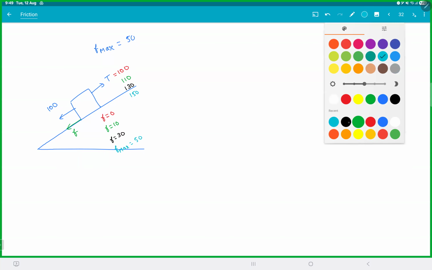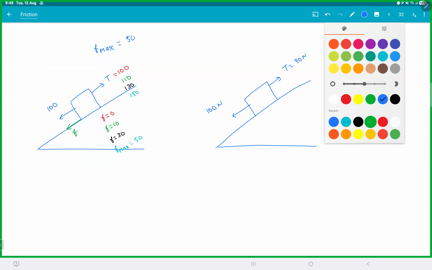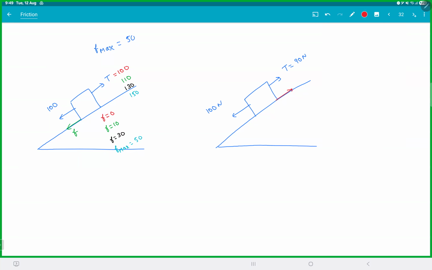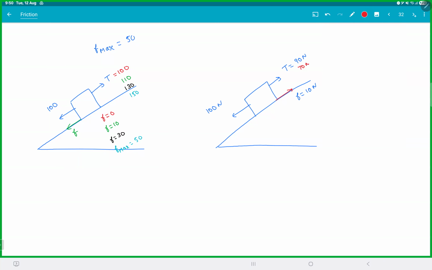Similarly, if you go the other way around, let's say your tension is 90 newtons. Now the block will try to go down because mg sin theta is dominating. Your friction will come upward to support you. So if T is 90, then the friction will be 10 newtons upward. If T is 70 newtons, then friction will come and give you 30 newtons. If T is 50 newtons, then friction will give you maximum 50 newtons.